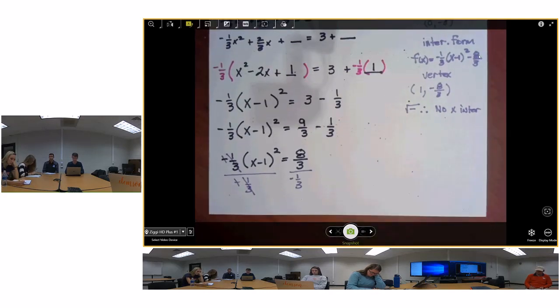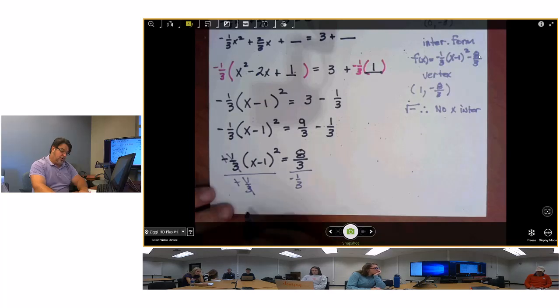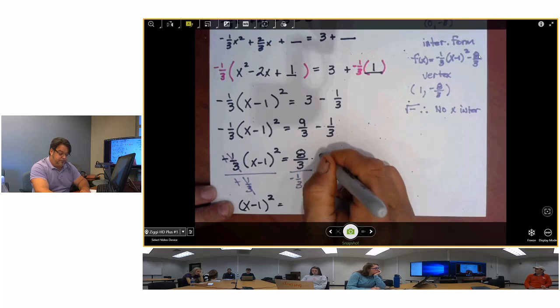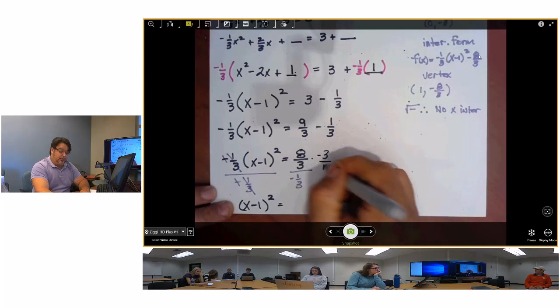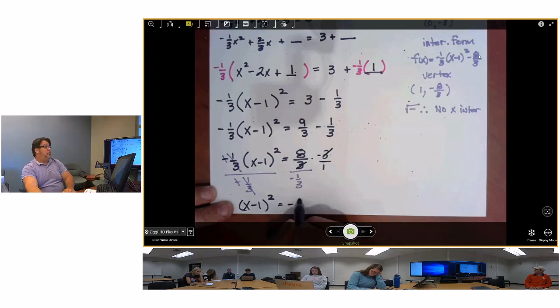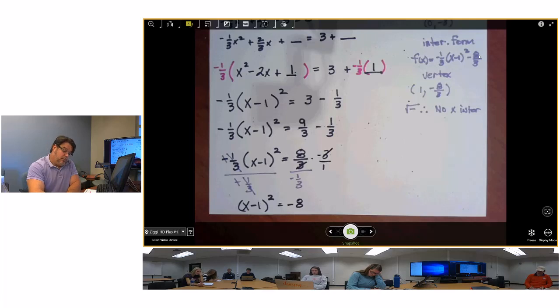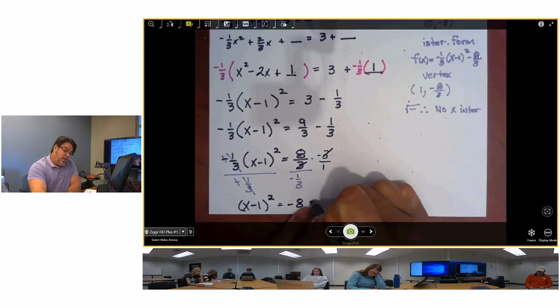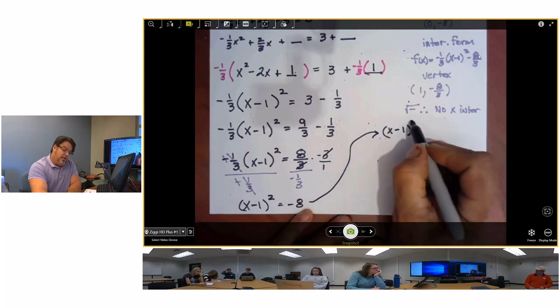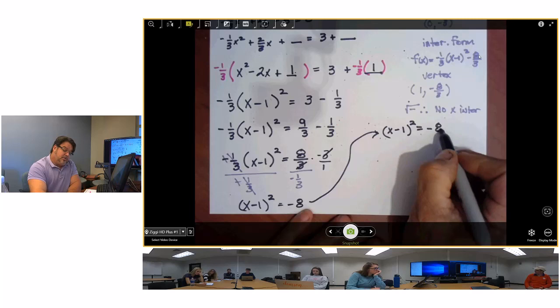So we have x minus 1 quantity squared is equal to, when you divide by 1/3, you multiply by what? The reciprocal, and 3's do what? Cancel. You're left with -8. X minus 1 quantity squared is equal to -8.